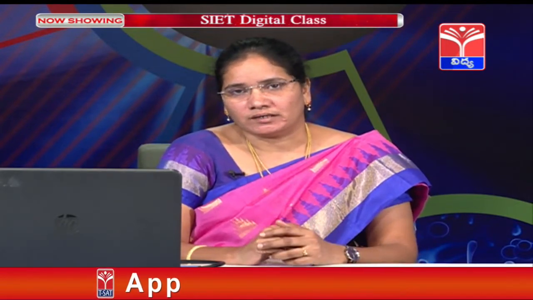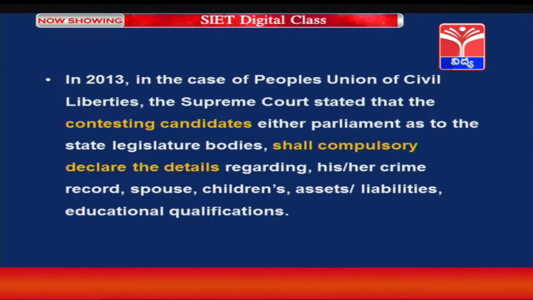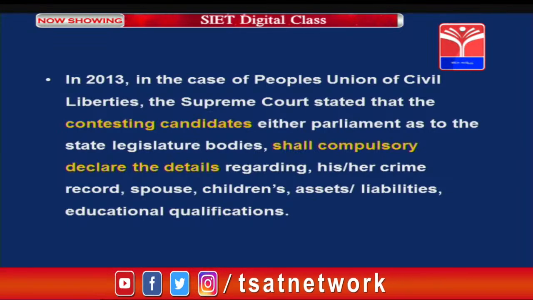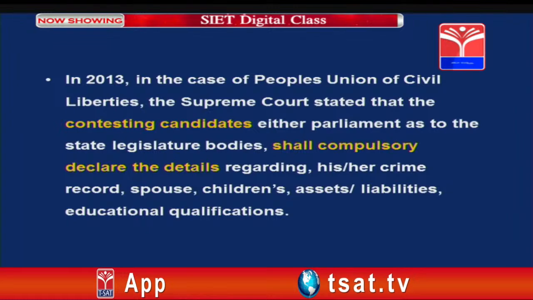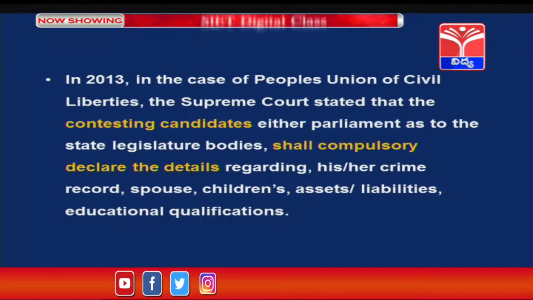Another important judgment given by the Supreme Court in the same year 2013 was that the contesting candidates, either for Parliament or the state legislative bodies, shall compulsorily declare the details regarding their crime report, spouse, children, assets, liabilities and educational qualifications.